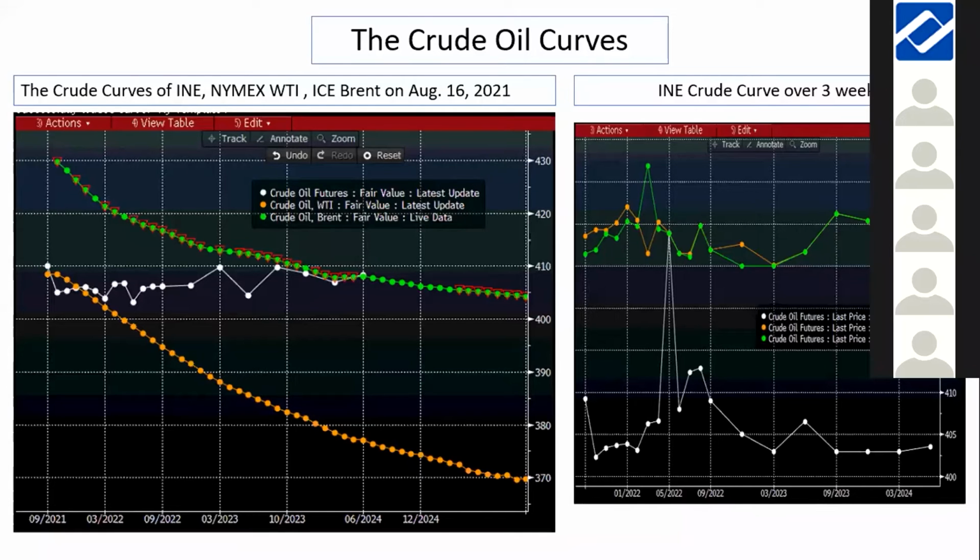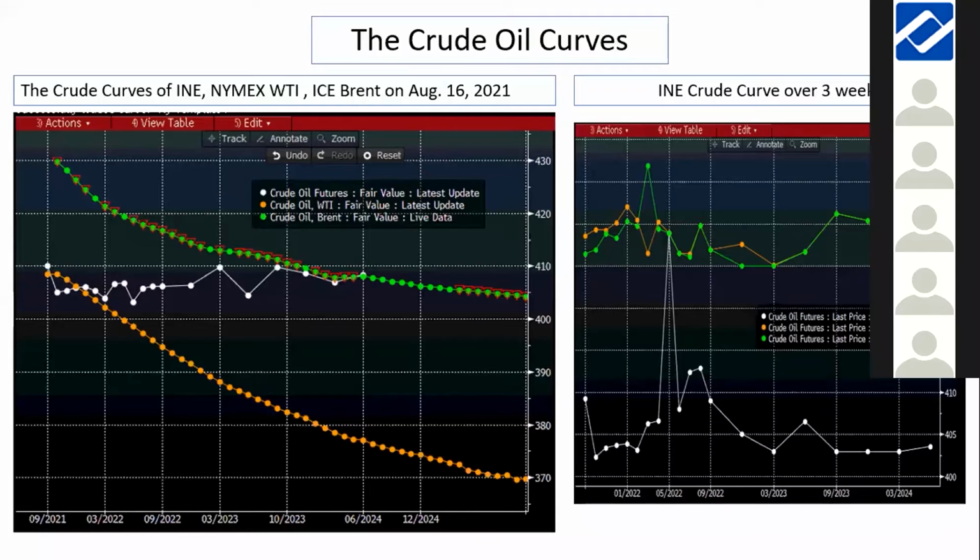Each dot represents a different contract month along the curve. In this chart, I chopped off almost 5 years' worth of the Brent and the crude oil contracts. And as you can see, in white is the INE contract.